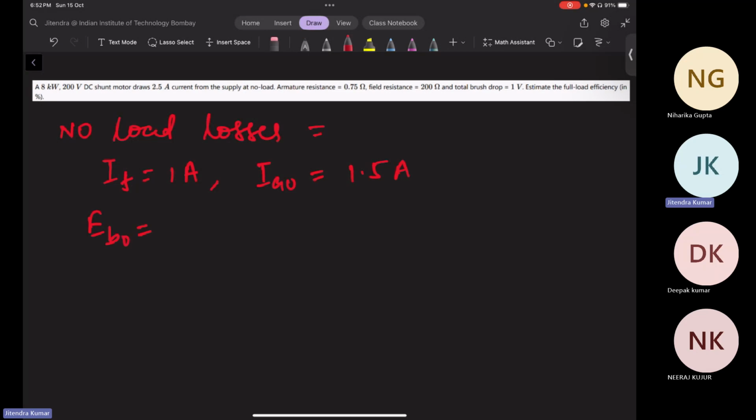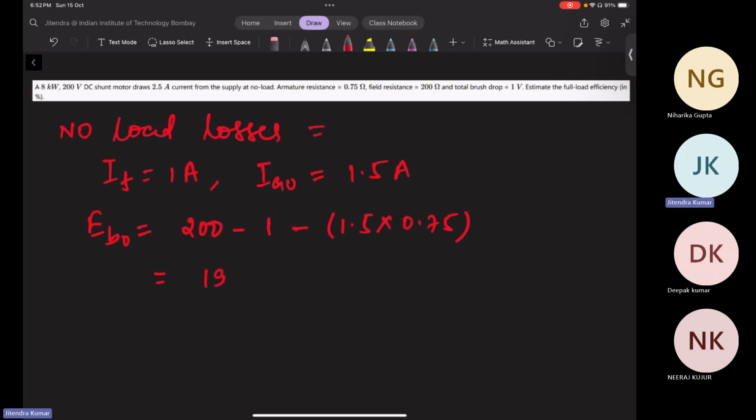That will be equal to 200 minus the brush drop, which is 1 volt, minus IA RA, that is 1.5 into 0.75.